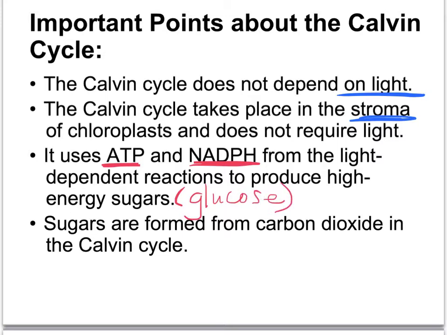And then the sugars are going to be formed from the CO2, from the carbon dioxide, in the Calvin cycle. The CO2 atoms are going to be used to make the glucose molecule.